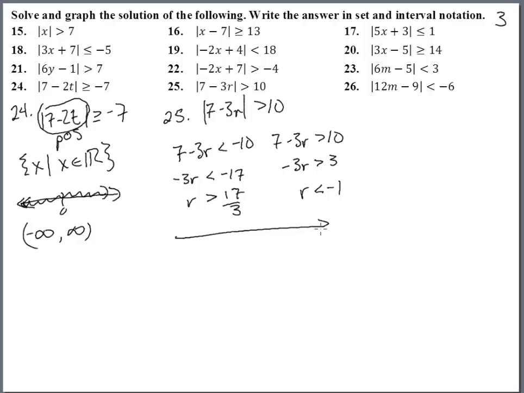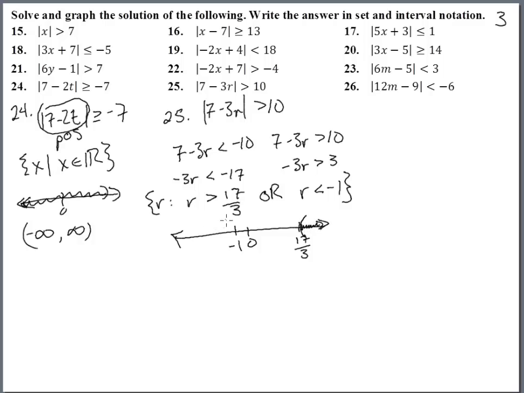So, this is an or statement between these two. And if we put these on it right here, good. So there's 0, here's -1, and there's 17/3. It says r is bigger than 17/3, so we do not include 17/3 in the answer.